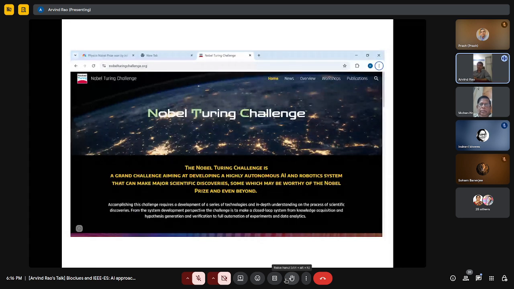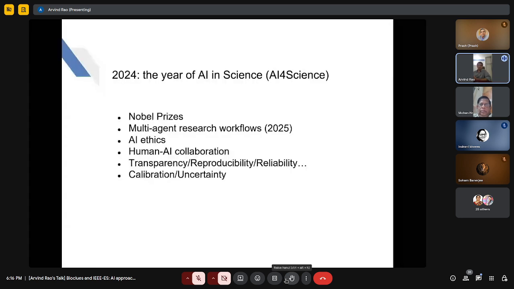So this puts us in a very interesting place where we have lots of conversations happening in parallel. With Nobel Prizes becoming something for AI to work with, there's a lot of enthusiasm in the community. Last year was the year of AI in science. This year, 2025, is the year of multi-agentic workflows in research. There are aspects of AI ethics, human AI collaboration, and AI co-scientists that people want to talk about.